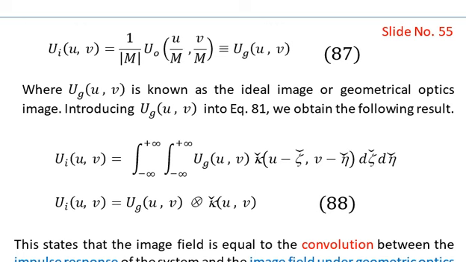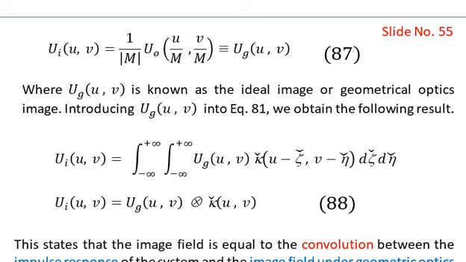So the field at the image plane as a function of u, v is equal to the double integral containing u_g, the geometrical optics image as a function of u, v, multiplied by kappa-hat with the arguments u minus zeta-hat comma v minus eta-hat, and the integration variables d zeta-hat and d eta-hat.